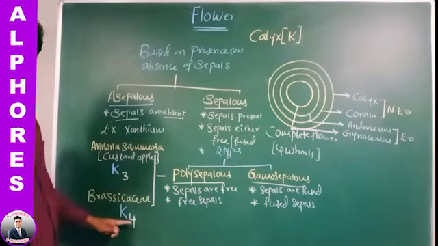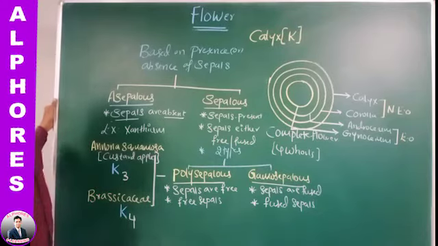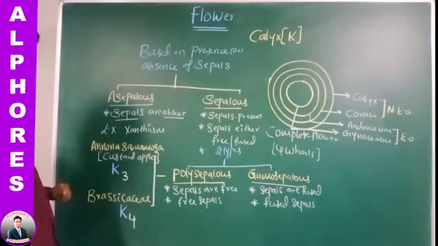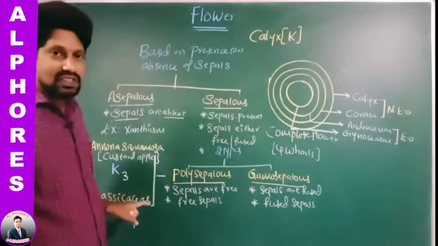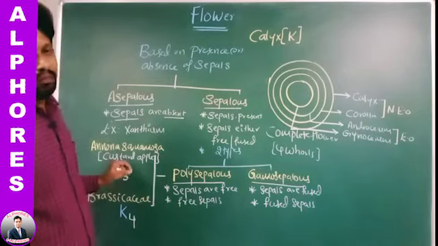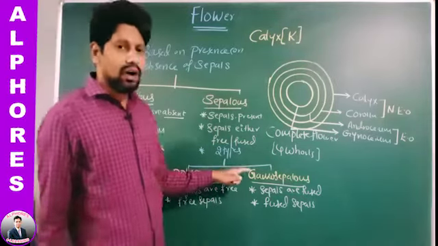It indicates that the 4 sepals are free. Therefore, Annona squamosa is polysepalous, and Brassicaceae also is polysepalous condition. Now go for the next one.